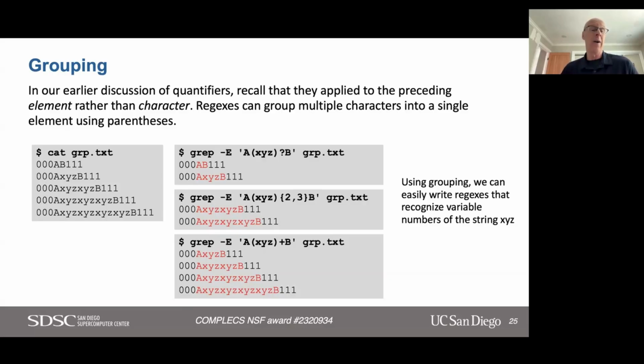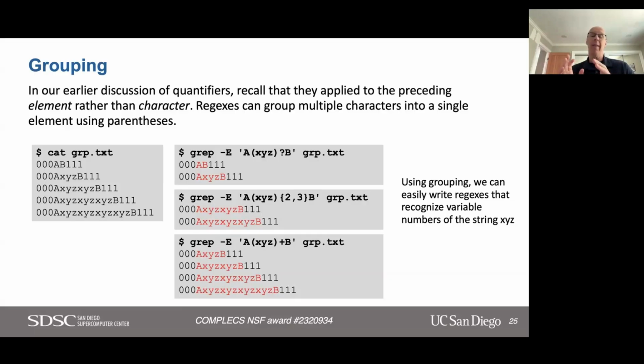So we're going to look at the file, grp.txt, and all of the records in this file start with 3 zeros, end with 3 ones, and then we have a capital A and a capital B with variable numbers of the string XYZ in between. So 0, 1, 2, 3, or 4. So let's do a grep where we're looking for A followed by 0 or 1 instances of XYZ.